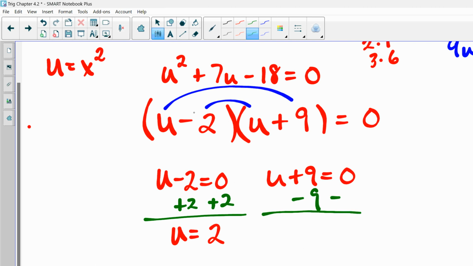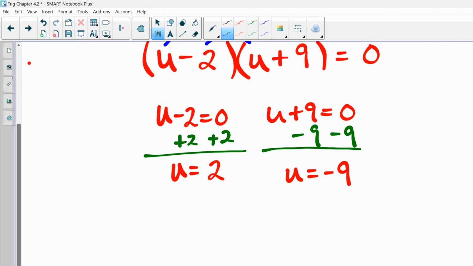The other one, we can subtract 9 from both sides, telling us u is -9. Well, just like the previous one, we're not solving for u. We need to solve for the value of x. And when we plug it back in, we're told that x squared is 2, and x squared is -9.